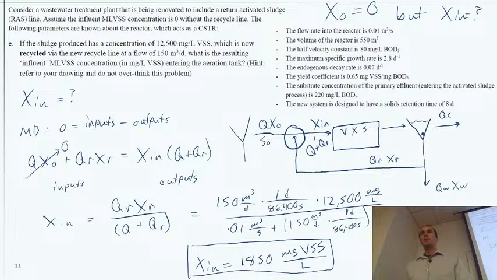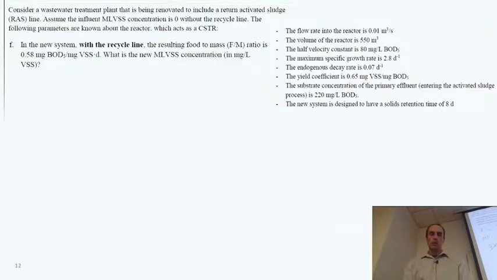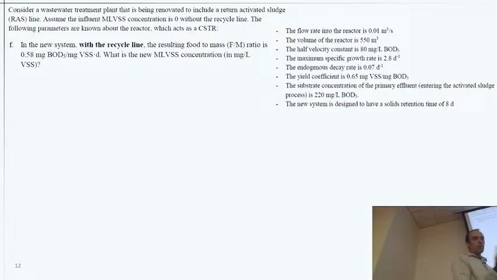Am I good? Okay, so when I said don't overthink it, we didn't really need anything we learned yet today, aside from just setting it up and understanding what this reactor looks like and why it's functioning that way. So now let's get to something maybe we did learn today. Part F: in a new system with the recycle line, the resulting food to mass ratio is 0.58 milligrams BOD per milligram VSS per day.